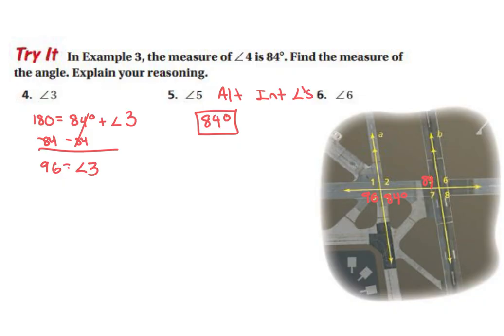And then angle 6 would be alternating exterior angles. So that means that one would be 96 degrees.